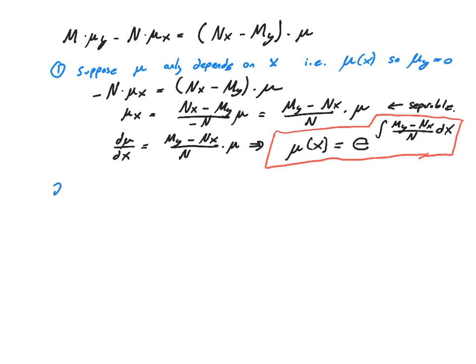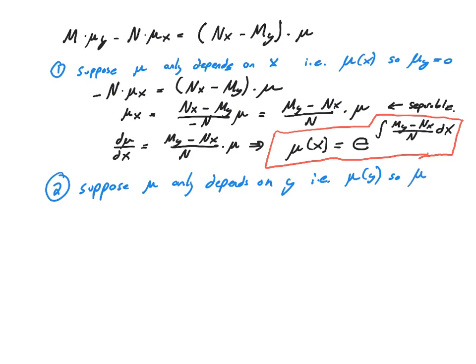And 2, suppose mu only depends on y, i.e. mu of y. So what that says is that the derivative of mu with respect to x is just 0. Okay? So that tells us that this term is now 0.